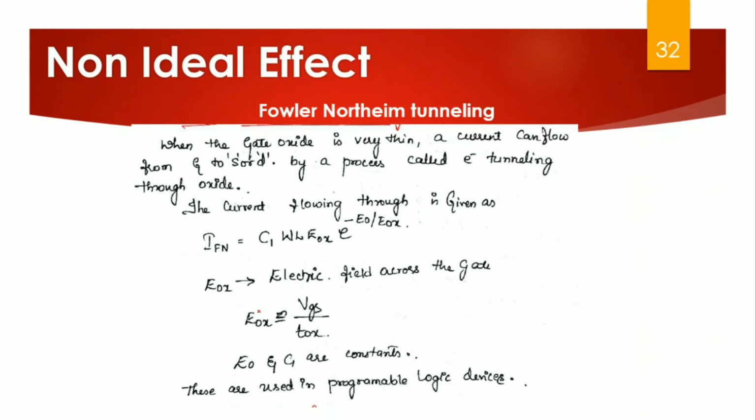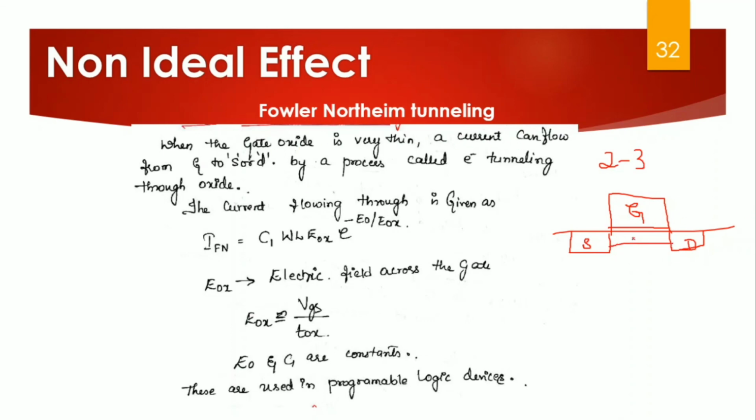Next is Fowler-Nordheim tunneling. Fowler-Nordheim tunneling is one of the important phenomena in a MOSFET. This is your MOSFET, where I take the source, drain, and this is the gate region. You have a thin layer of oxide region, maybe 2 or 3 atomic layers thick.